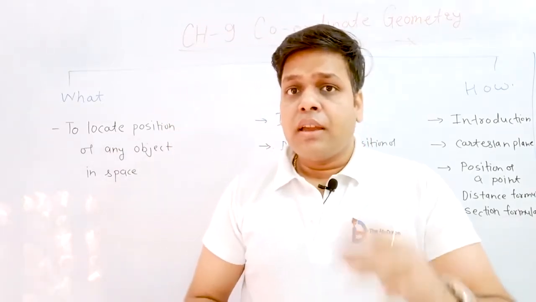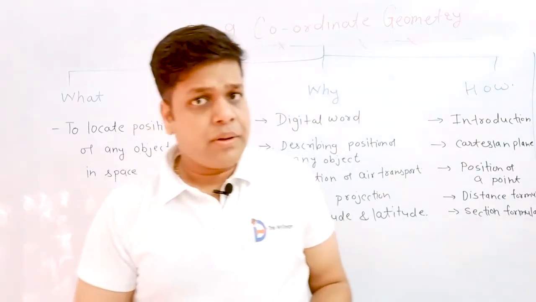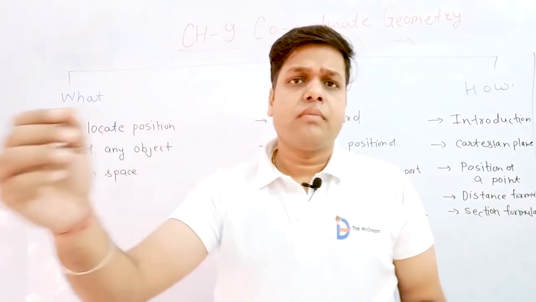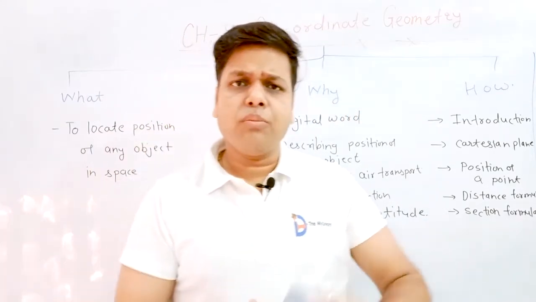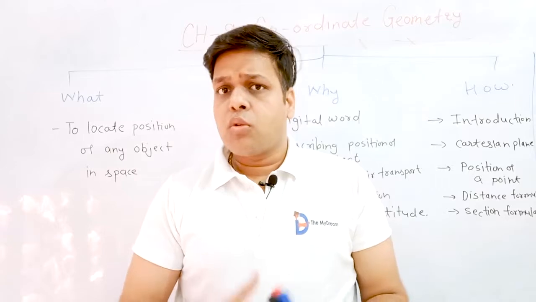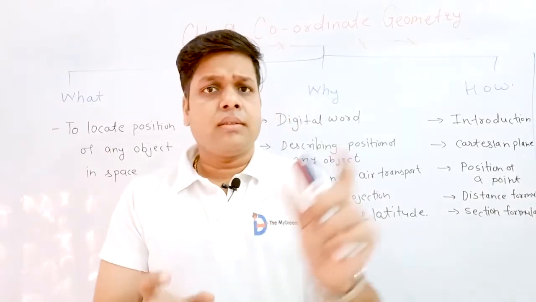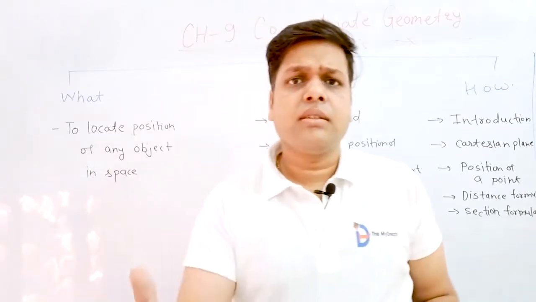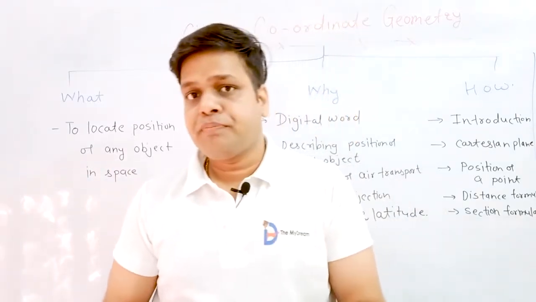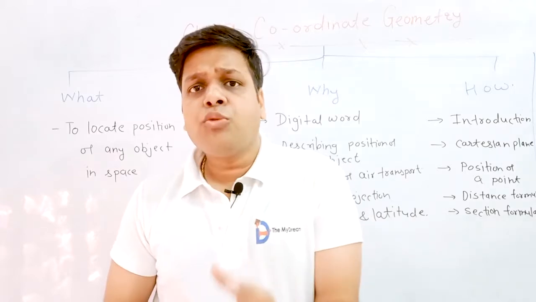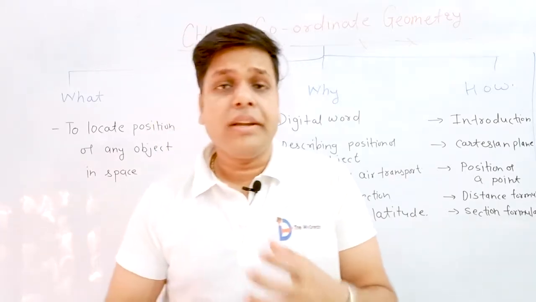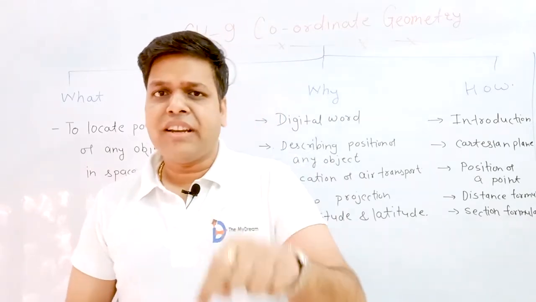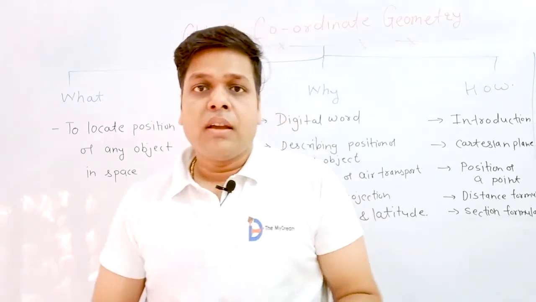Secondly, if you use Google Maps and write that you are going to Delhi from Jaipur, Google Maps says the distance between the two cities is approximately 324 kilometers. How is this distance calculated? Here coordinate geometry is used.